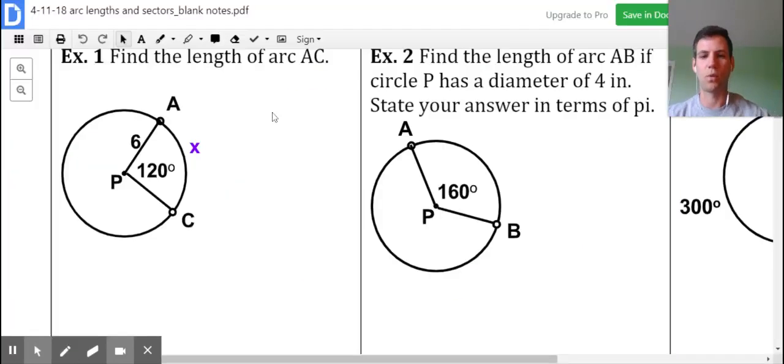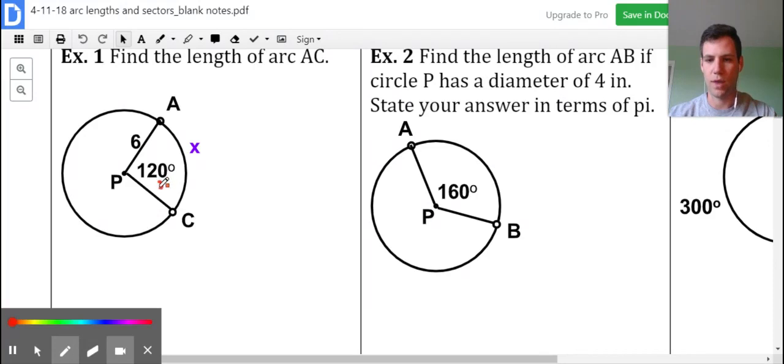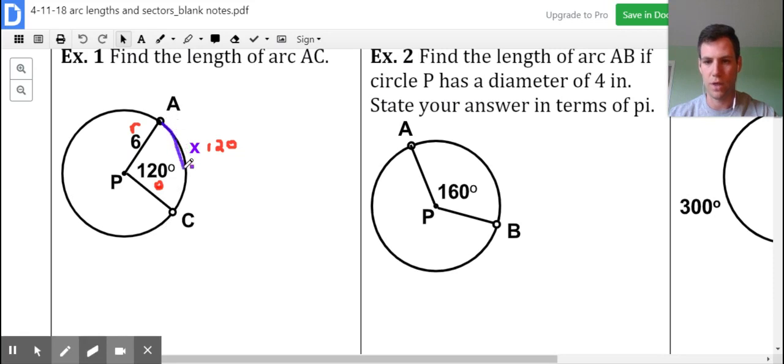In example number 1 for finding arc length, we have a central angle of 120 degrees that we can mark with theta, and we have our radius length of 6 that we can mark with r. So we're going to use our formula to find the arc length of arc x, which we can label with the same color. We're looking for this arc length right here.